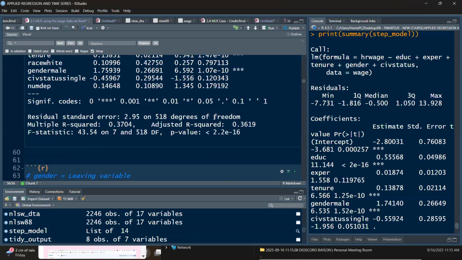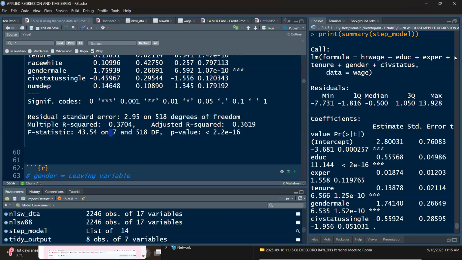So this is our goodness of fit test. This is our combined test, our overall goodness of fit test. And you have here the residual standard error and degrees of freedom. So you can find here two degrees of freedom, 7 and 518.